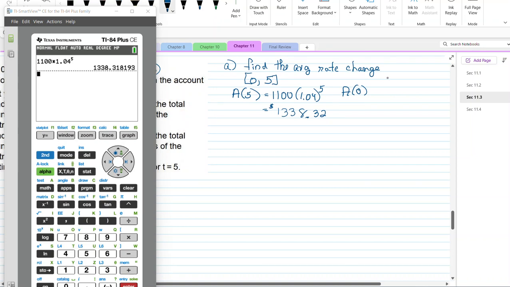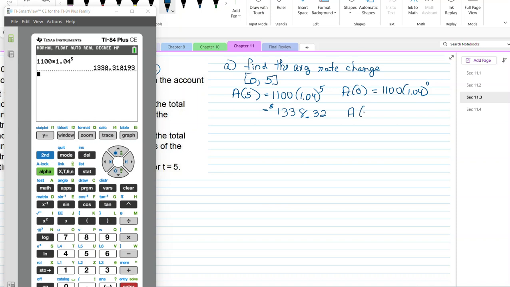At 0, I'm going to have 1100 times 1.04 to the 0, and anything to the 0 is 1. So I'm going to have 1100.